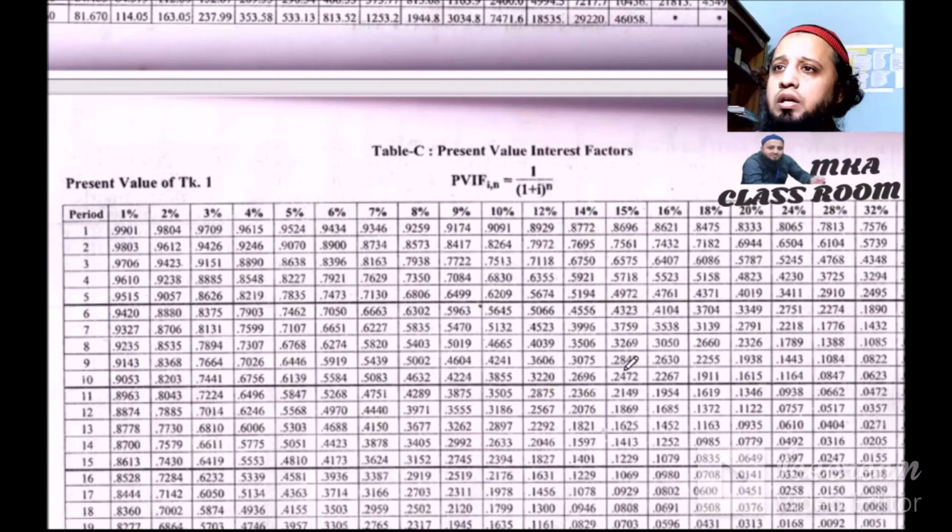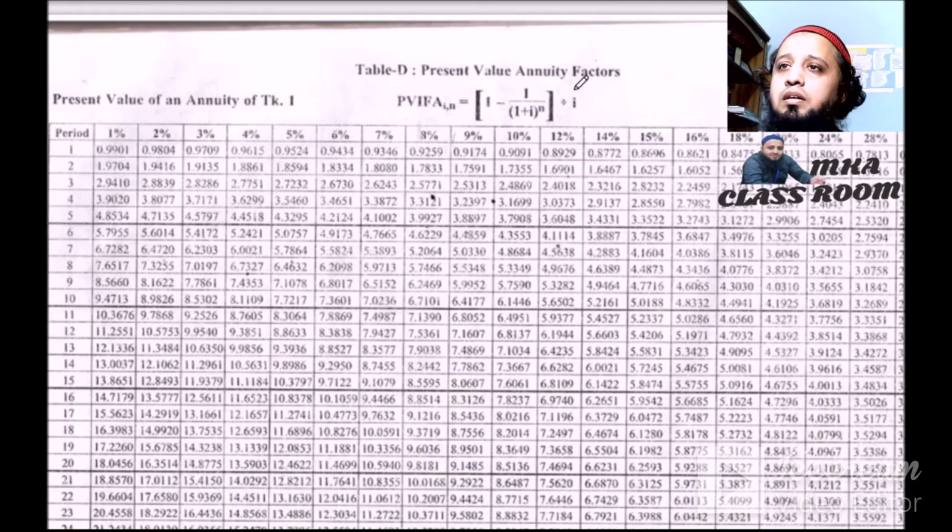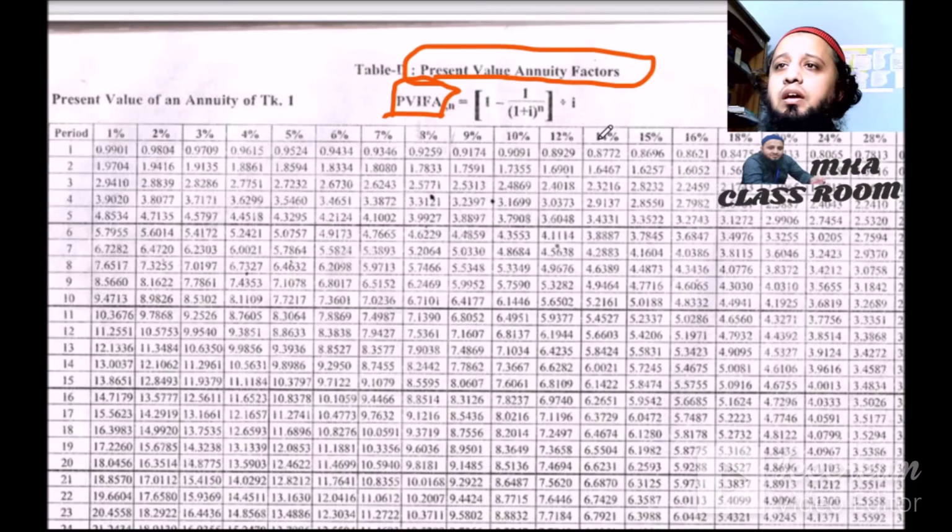And here, present value annuity factor, PVIFA, the name of our table. So here I said 7% rate of interest, and the period is 10. So please carefully see the value. N, the number of periods, is 10. R, the rate of interest, is 7.